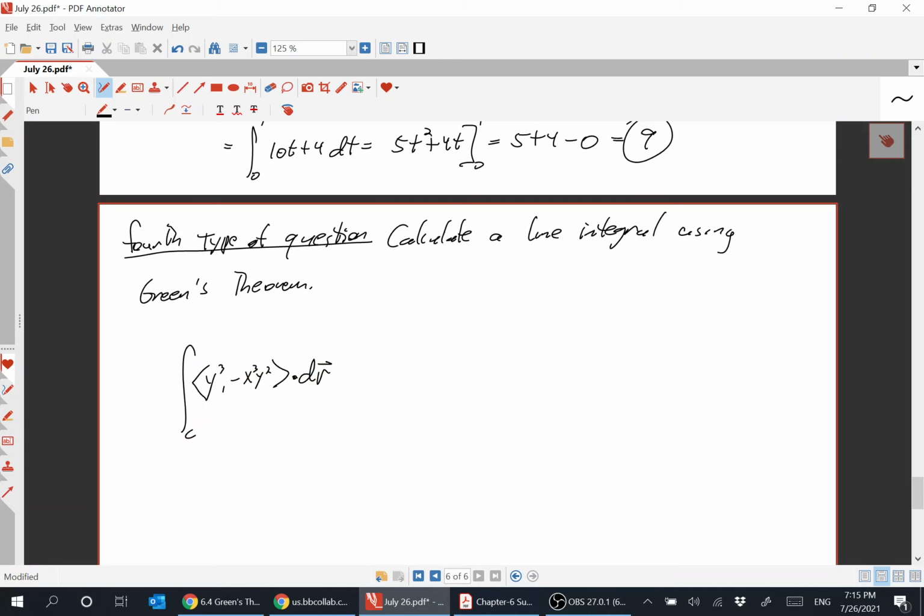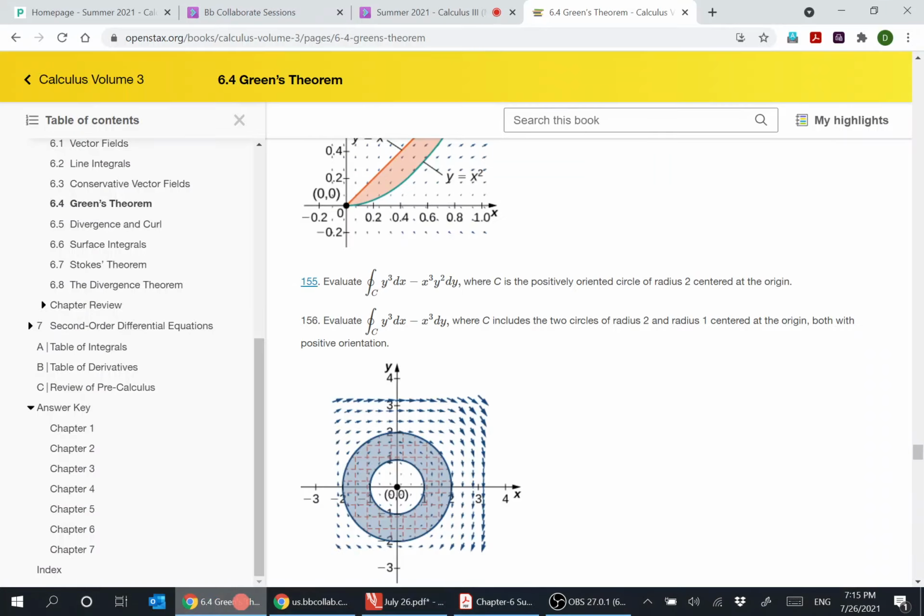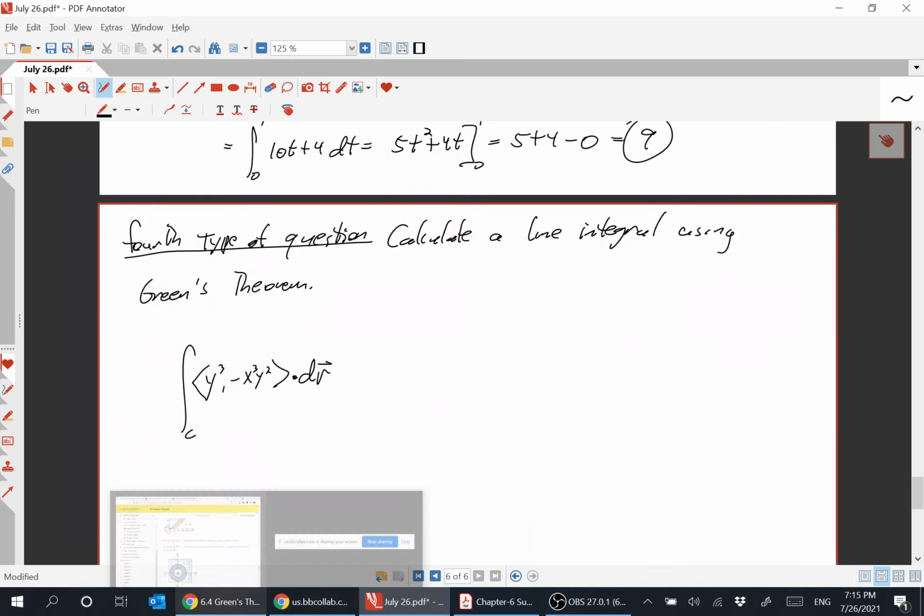So calculate that, where C is the counterclockwise oriented circle of radius 2 centered at the origin. That's number 155.